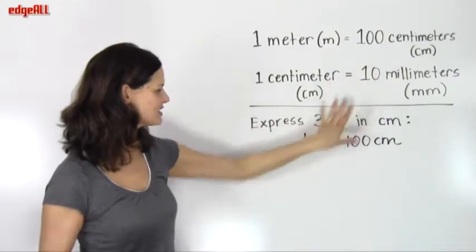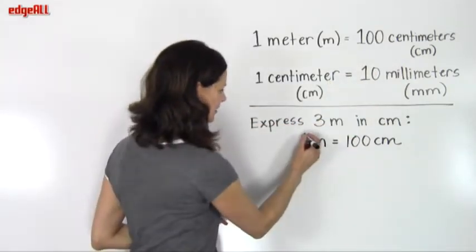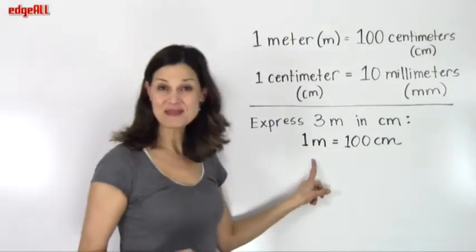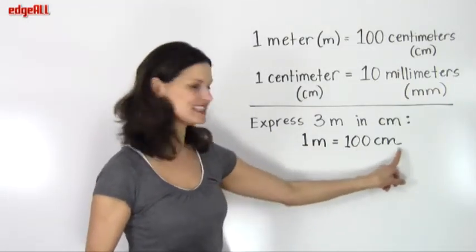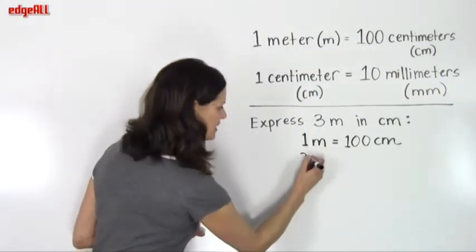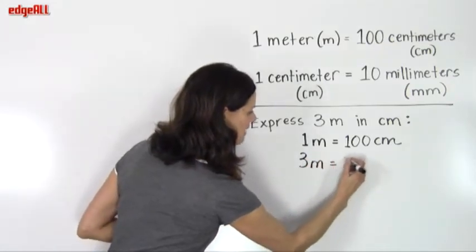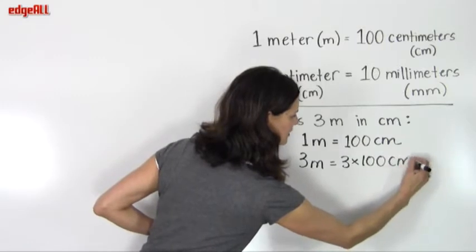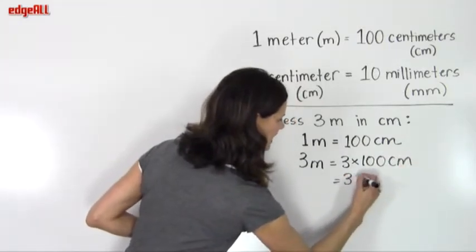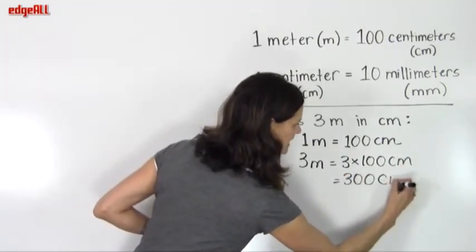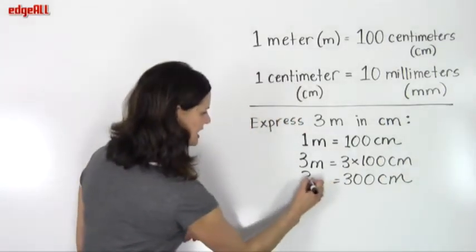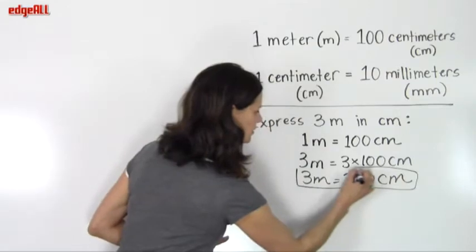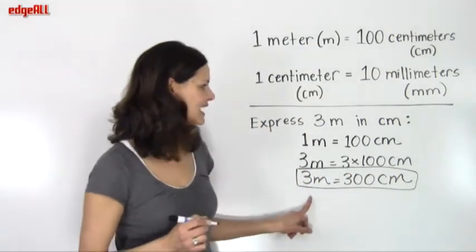So we're going to use this to solve our problem. We then would know that if 1 meter equals 100 centimeters, then 3 meters would have to equal 3 times 100 centimeters, or 300 centimeters. So we can say here that 3 meters is equal to 300 centimeters.